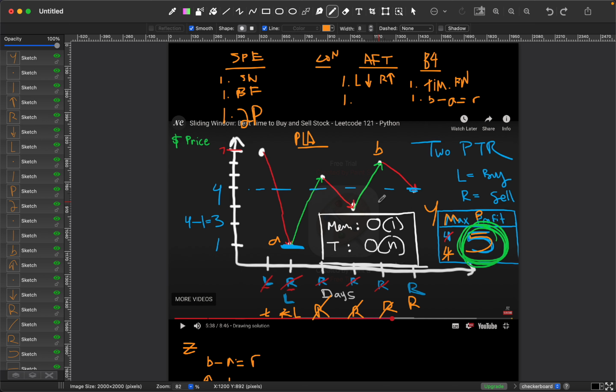And obviously you can argue brute force, right? Every time you can always brute force your way through. Say for example, this is your first point and this is your second point.